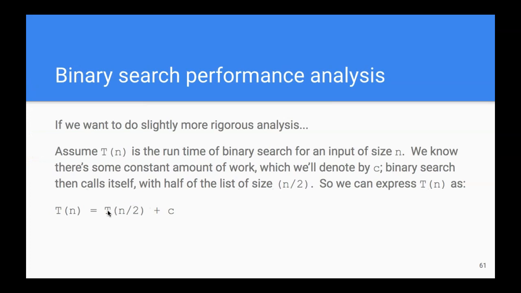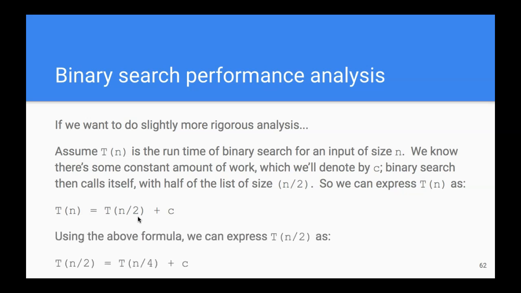Okay, so the time it takes for the recursive call would be T of n over 2. Remember, T of n is the entire list, right? So the recursive call is half of the list. That's why it's T of n over 2.